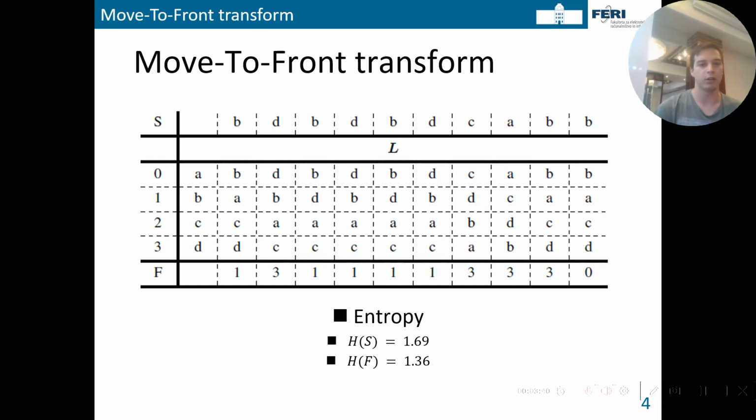Now we are searching for the element D, which is in position 3 in the list. So to the output, we will send index 3, move the element D to the front of the list, and all the elements before D will be moved one position back in the list L. So the new state will be DBAC.